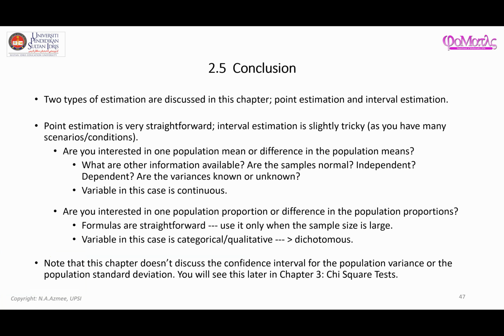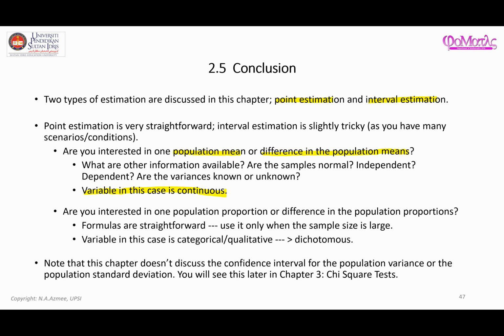So first of all, we have discussed the point estimation and interval estimation. And if you want to relate to what you have seen in chapter 1, which is the introduction to statistics, you will see that when you are interested in the population mean or in the difference of the population means, then the variable considered in this case is continuous.